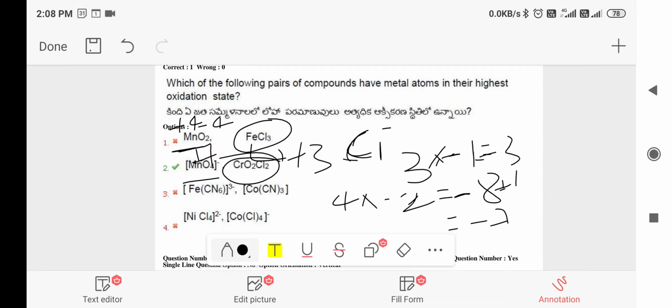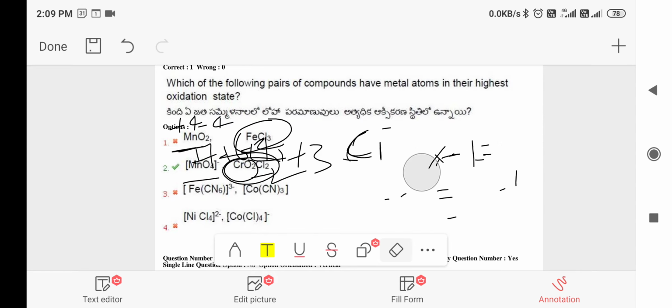Here also we have 2 chloride ions, so -2. Here we have 2 oxide ions, so 2 into -2 is -4. So -4 plus -2 is -6. So chromium consists of +6.